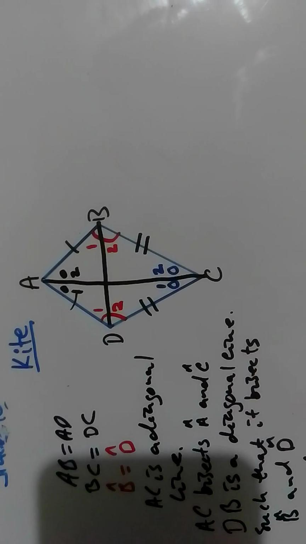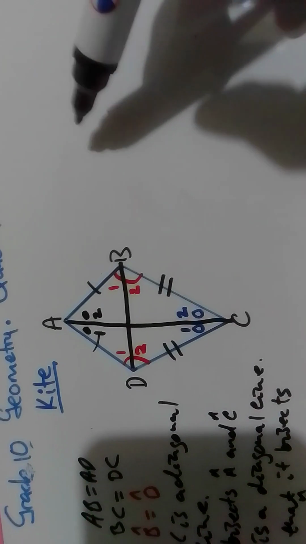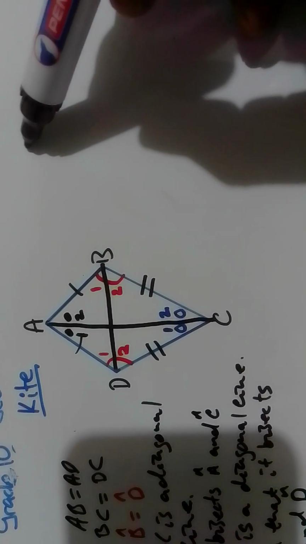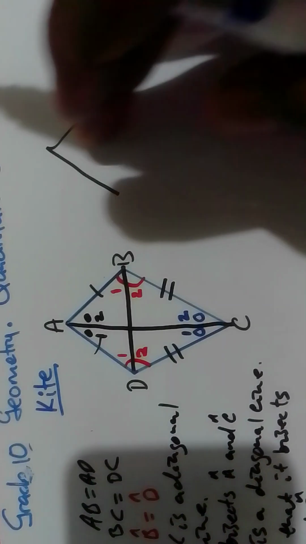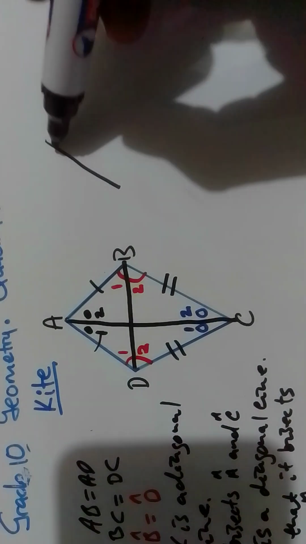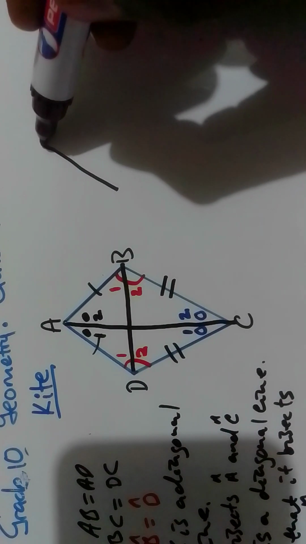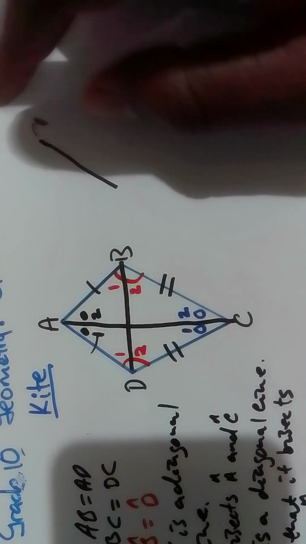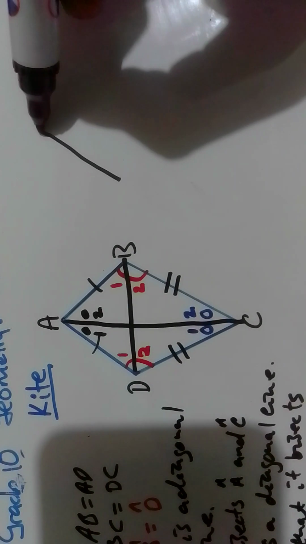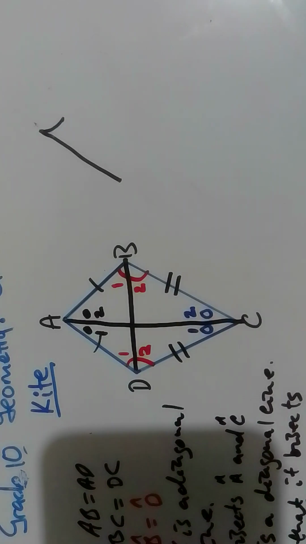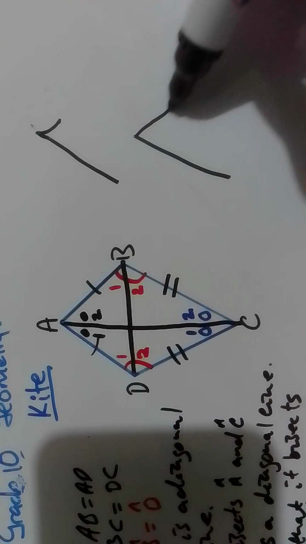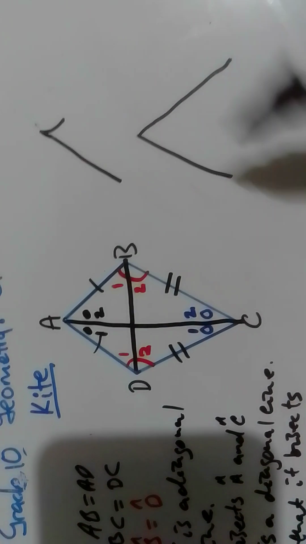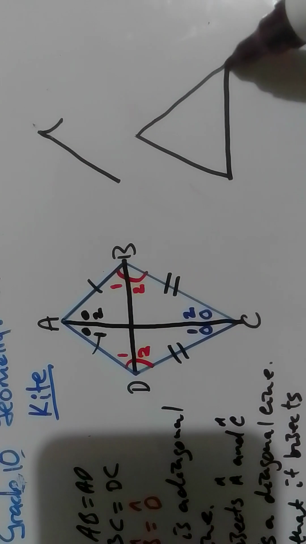So I'll draw triangle ABD first. It seems like I'm failing to draw the right side of triangle ABD.